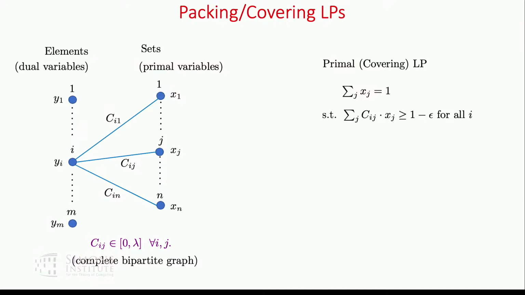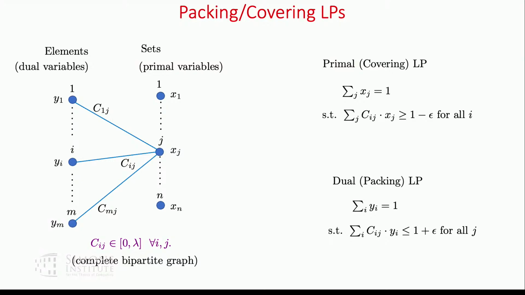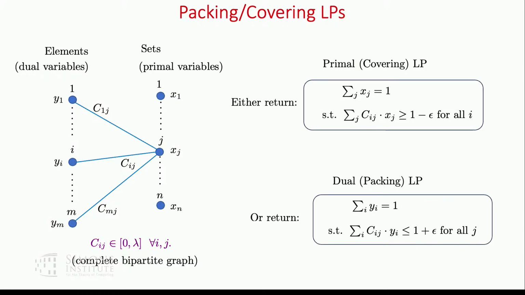We look at all the edges incident on that element. For every such edge ij, its value gets multiplied by xj. And we are saying that the total value of all the edges incident on this element needs to be at least 1 minus epsilon. Similarly, when we are looking at the dual packing LP, the constraints are on the sets, and these are packing constraints. You're saying the sum of the packing values of the edges incident on xj is at most 1 plus epsilon. This is how I'll visualize it. Our goal is to either return an approximate covering solution or return an approximate packing solution. One of them. That's the problem.